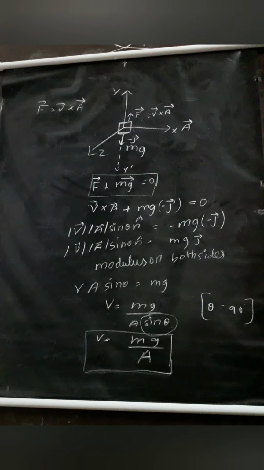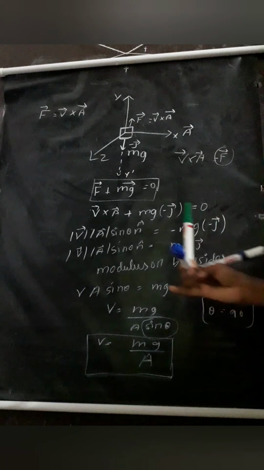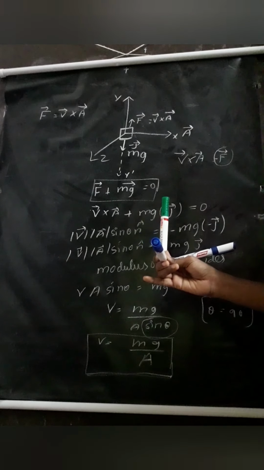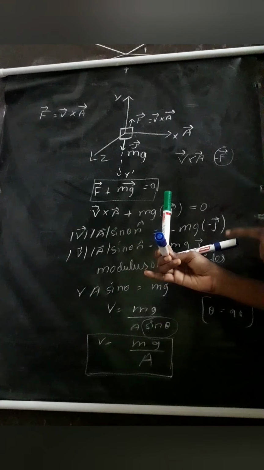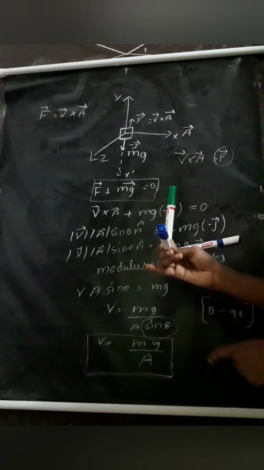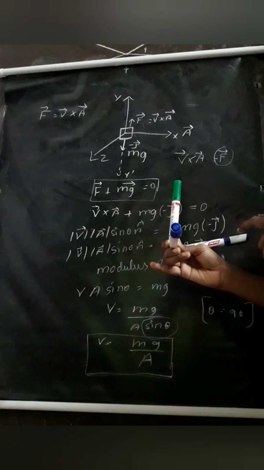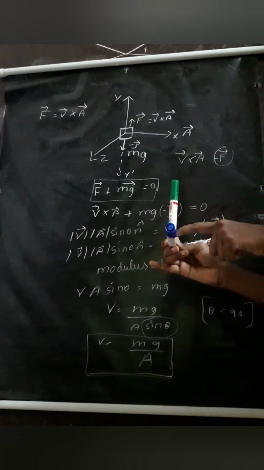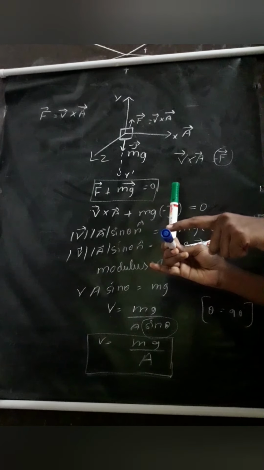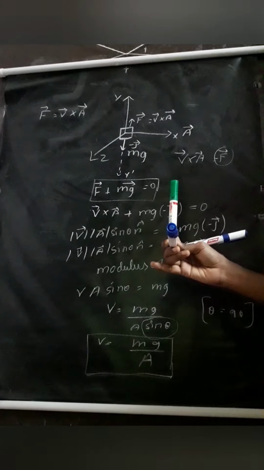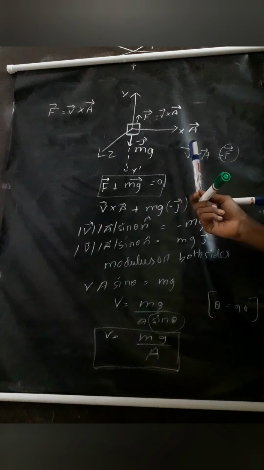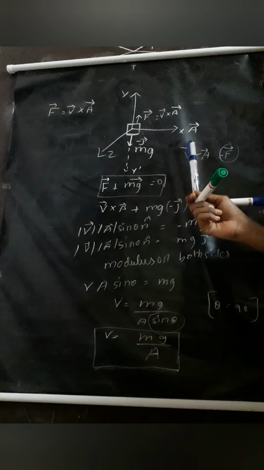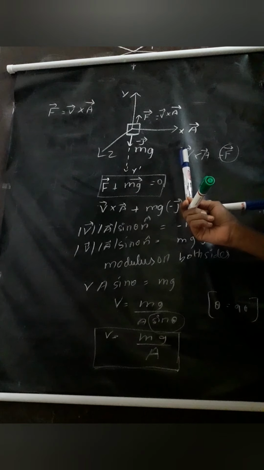Now we are going to discuss the direction of the V vector. We have taken the angle between V and A as 90 degrees. So the velocity will be along the z axis. According to the cross product, the resultant of two vectors should be perpendicular to both vectors.